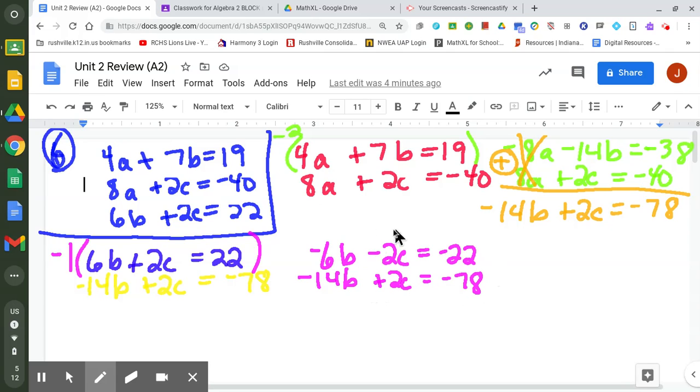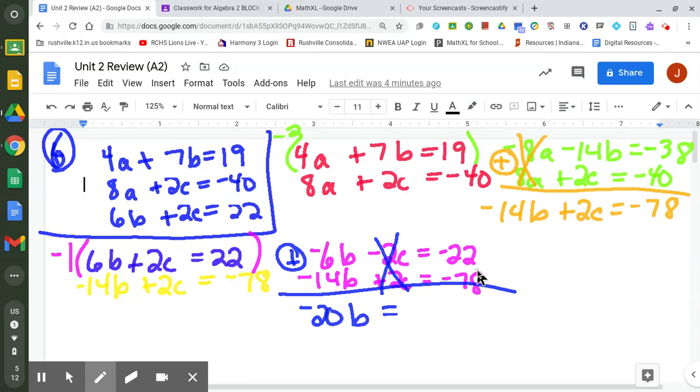So now that the C's are ready to be eliminated, I can add my equations. So negative 6B minus 14B, use your calculator, negative 20B, negative 2C and plus 2C cancel.